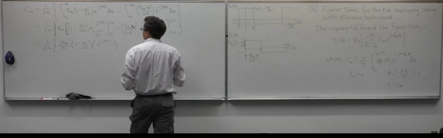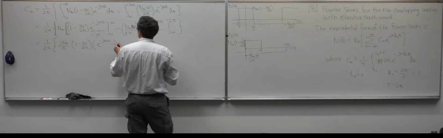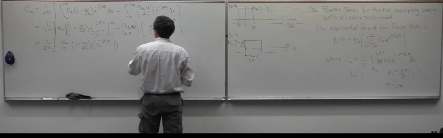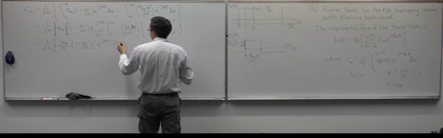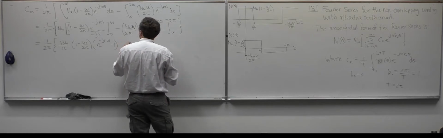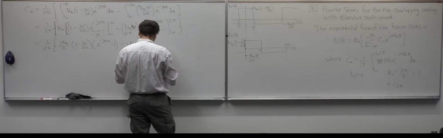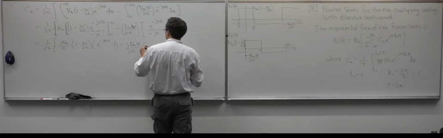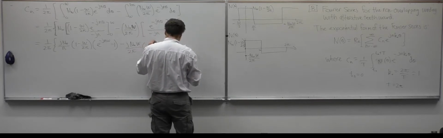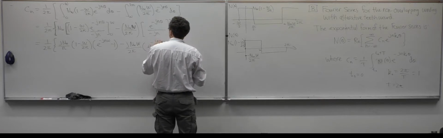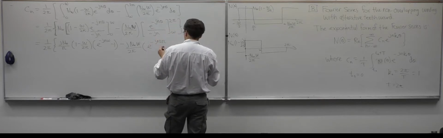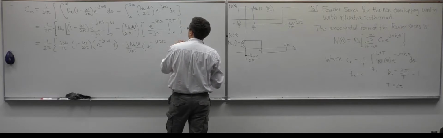That's that first term, and then we have minus j n sub w big W divided by 2 pi times e to the minus j n 2 pi minus e to the minus j n w.